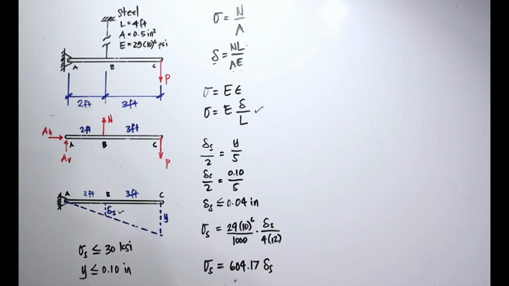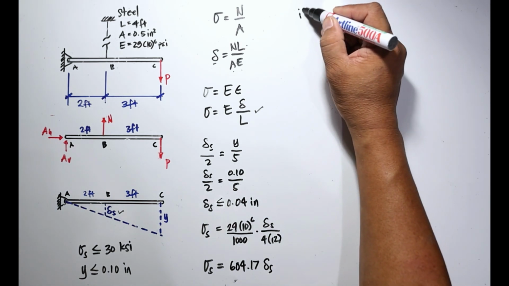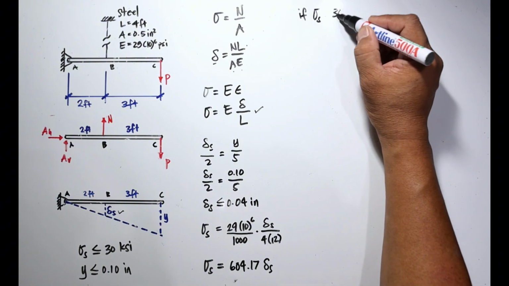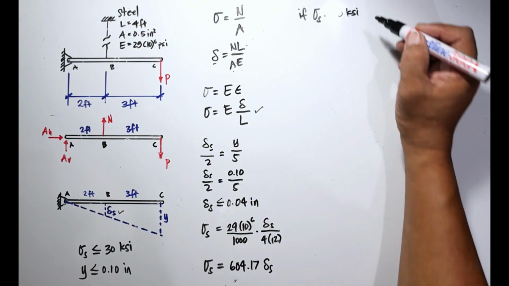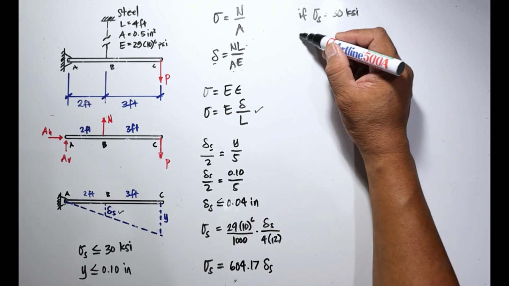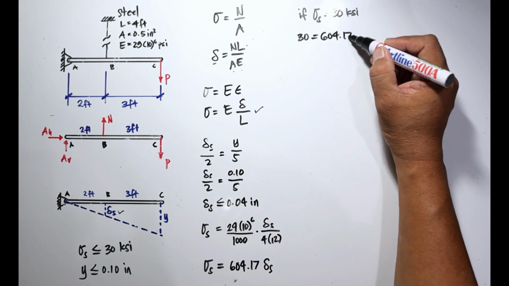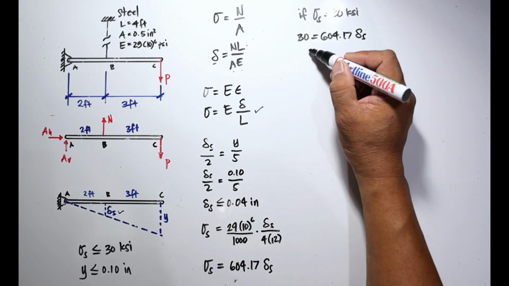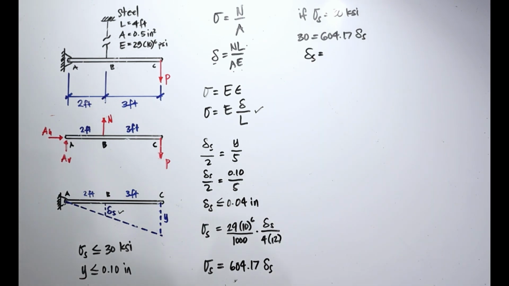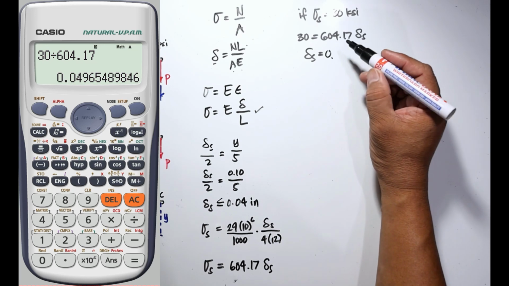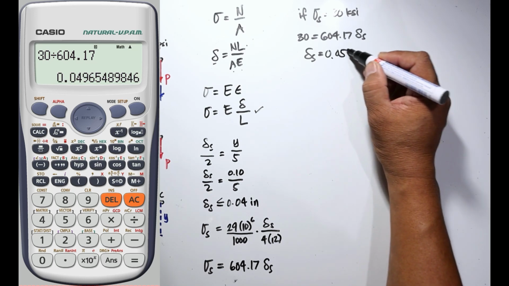Let us say, for example, the stress will reach the maximum of 30 ksi. Using this relation, you have 30 equals 604.17 times delta S, and delta S equals 30 divided by 604.17, which is 0.05 inch.